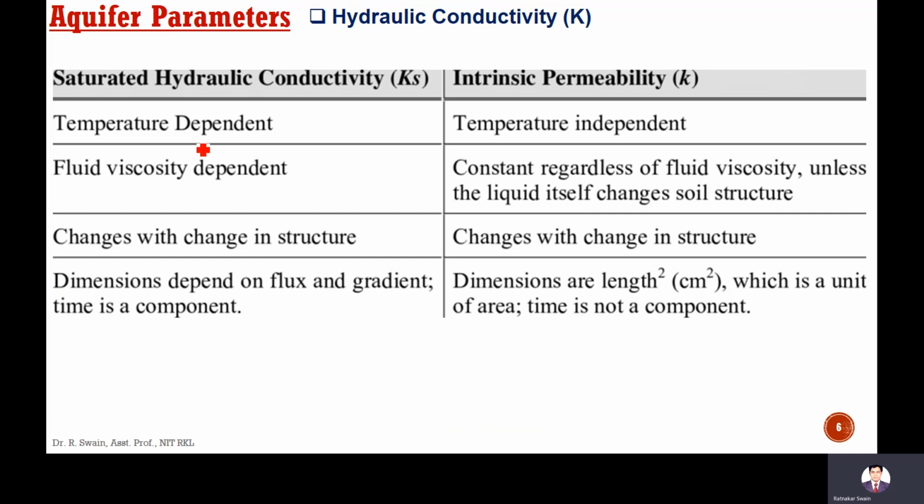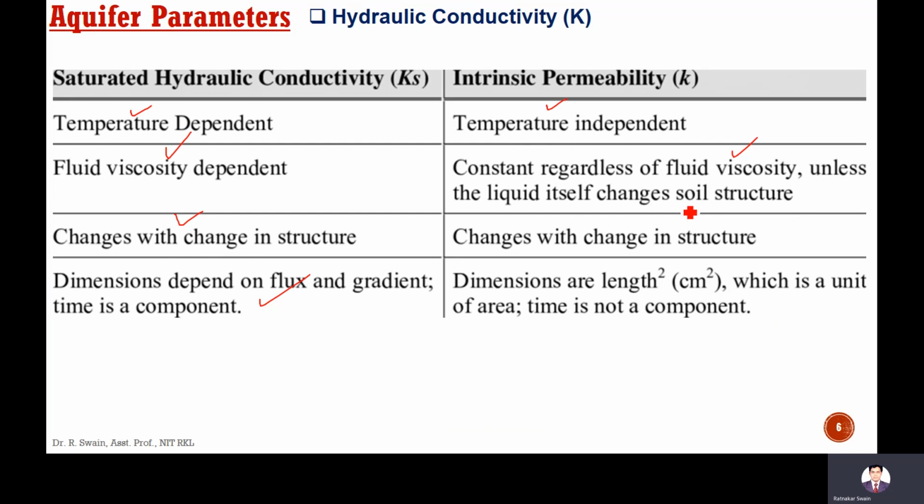Hydraulic conductivity is temperature dependent, viscosity dependent, changes with change in structure, and depends on flux, gradient and time. But intrinsic permeability is independent of the temperature and independent of the fluid viscosity, meaning fluid properties, unless the liquid itself changes the soil structure.